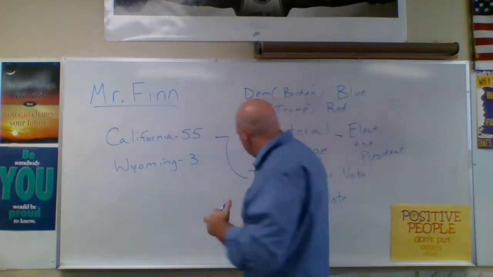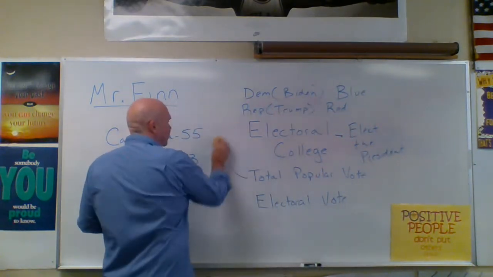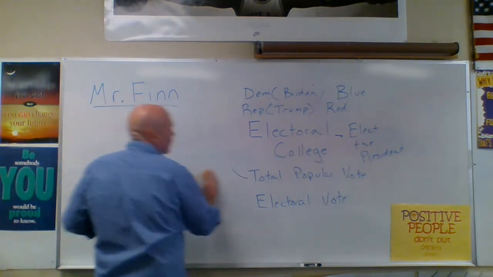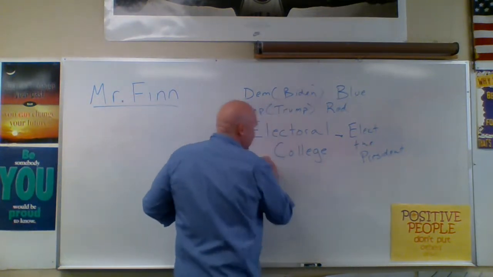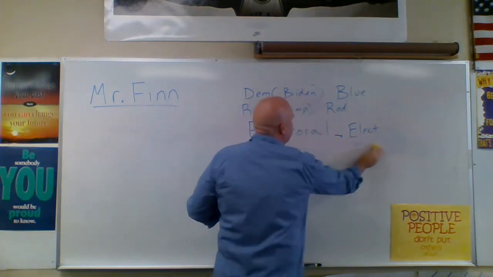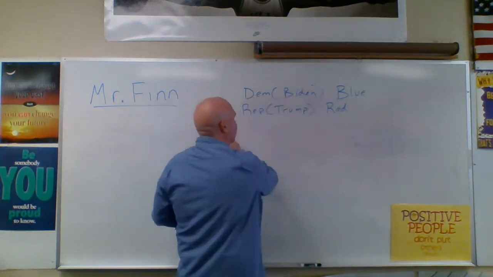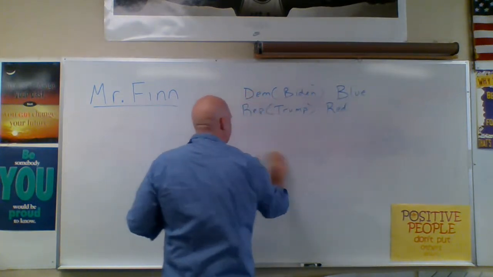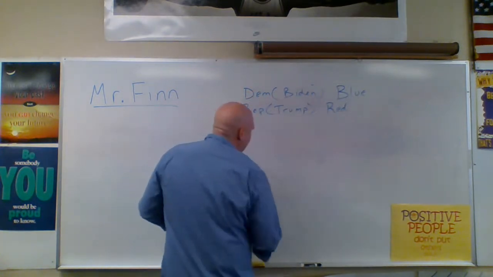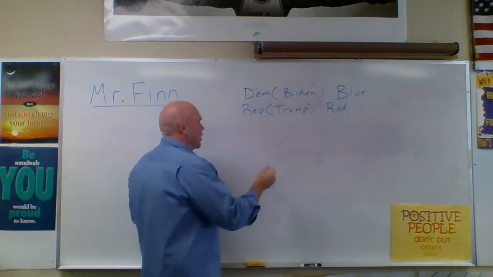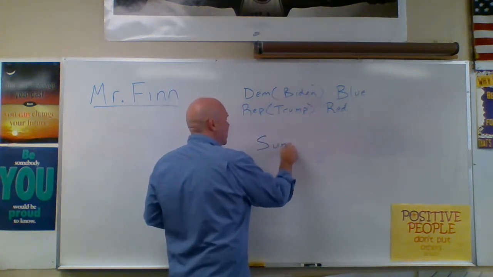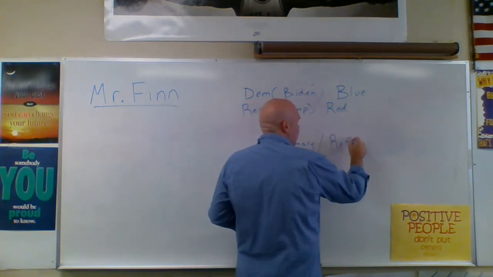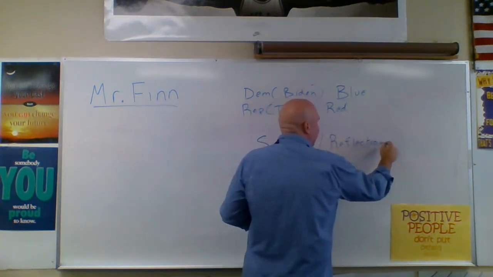So what I want you to do today, because it was the election, I think you have a good understanding. I hope you have a good understanding. If not, watch this again. You will see when you look at the map of the election, a map that has these colors. All the states will be red or blue. And you are going to give me a summary slash reflection.